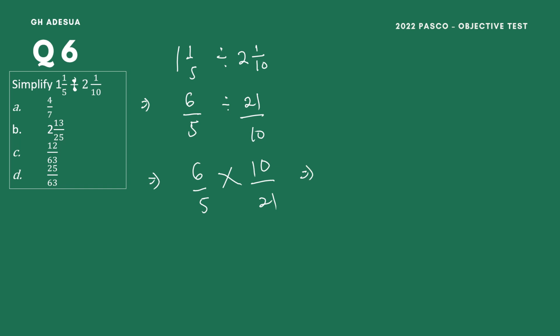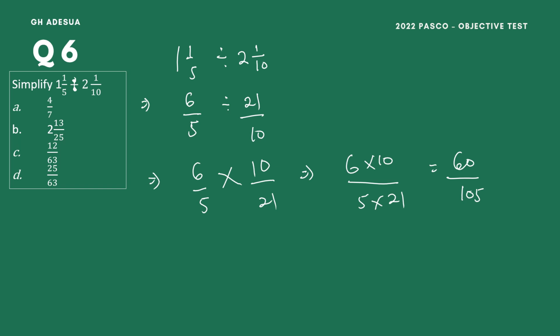So in that, we are going to have 6 times 10 over 5 times 21. When you multiply these, you're going to have 60 over 5 times the 21 is 105. Now this can be further broken down.